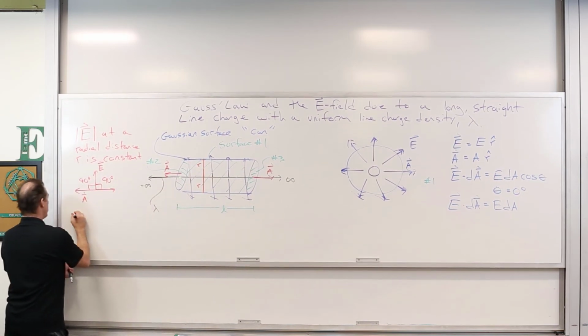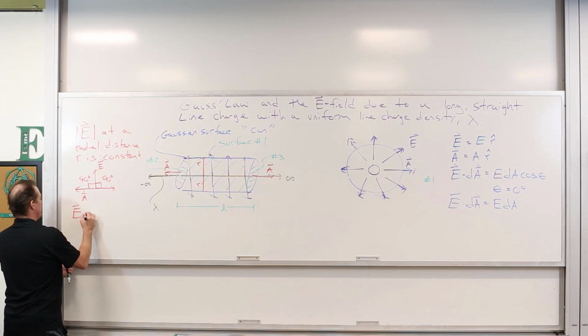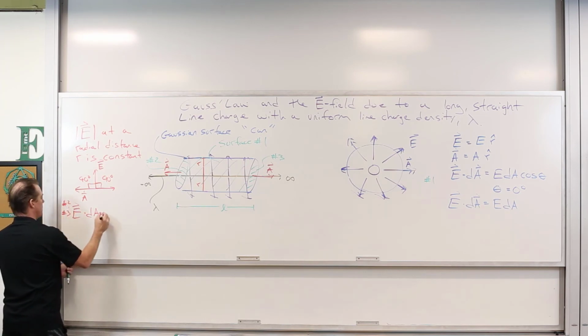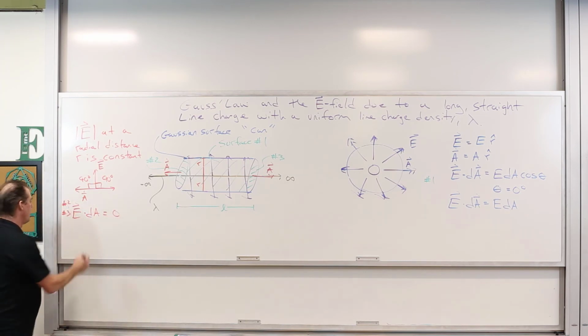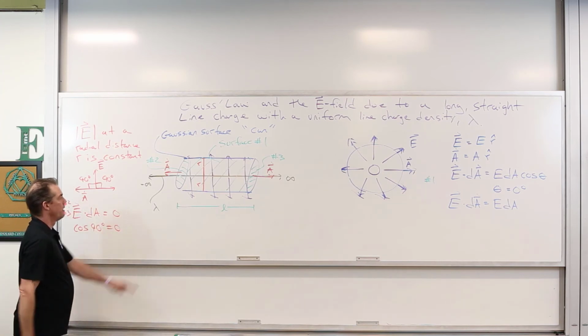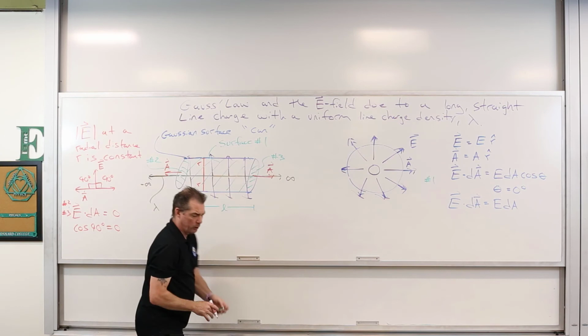Thus, when we do E hat dot A hat for number 2 and number 3, those surfaces, that's going to have to be equal to 0 because the cosine of 90 degrees is equal to 0. So there is no flux through these ends here.